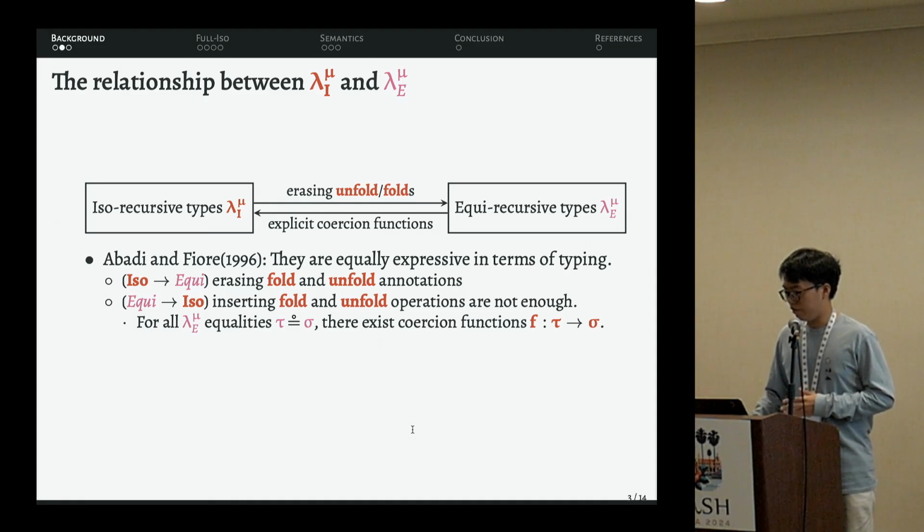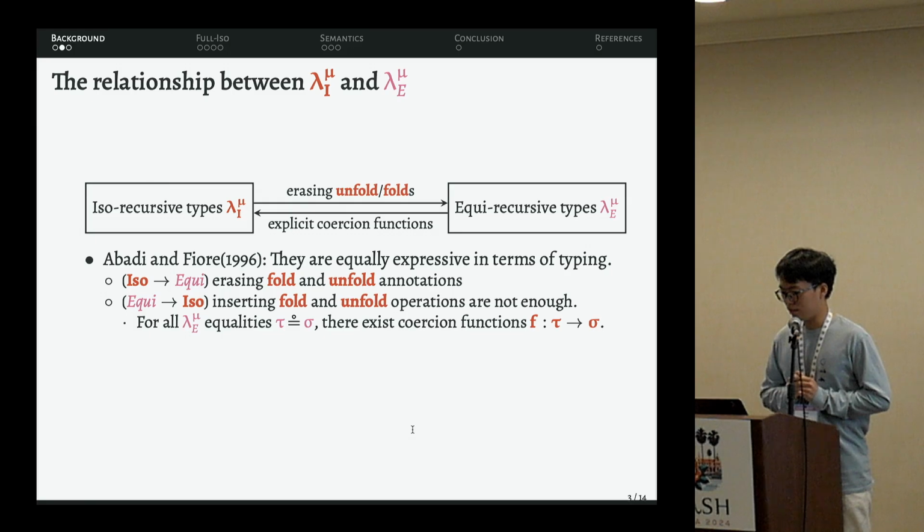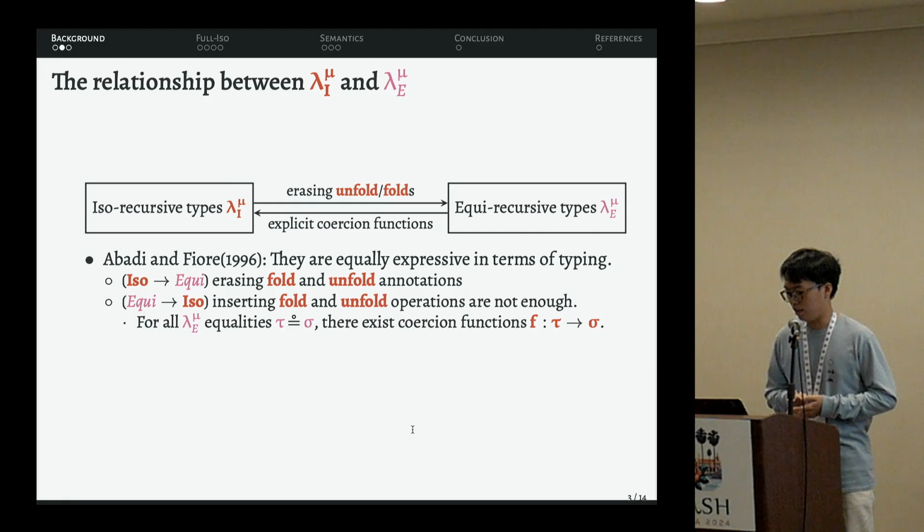You need to have explicit coercion functions. I will detail this in a few slides. But they managed to show that for all the equi-recursive type equalities, you can always find an iso-recursive term, which is a function that can be considered as a coercion that achieves this transformation. So by inserting these coercions into the equi term, you get a well-typed iso term.